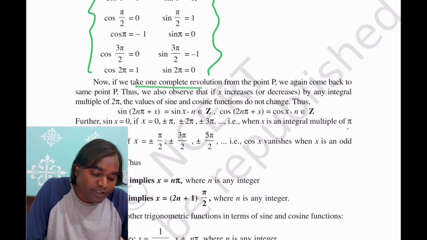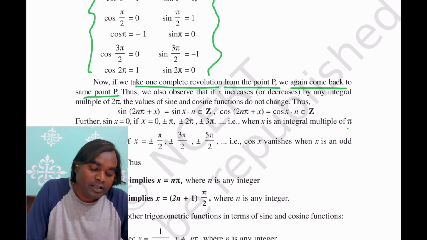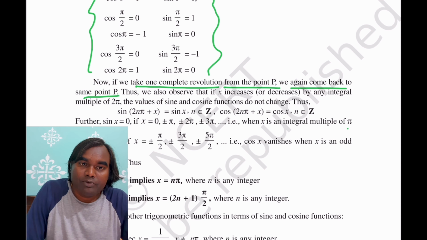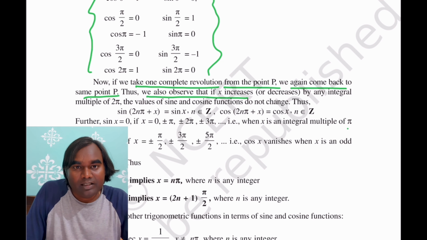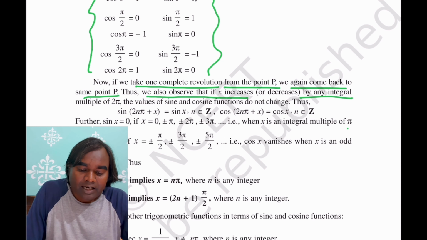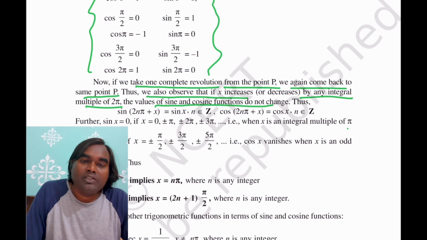Now if we take one complete revolution from the point P, we again come back to the same point P. After one complete revolution, we will be back at the original point. Thus, we also observe that if x increases in the anti-clockwise direction or decreases in the clockwise direction by an integral multiple of 2 pi, the values of sine and cosine function do not change.